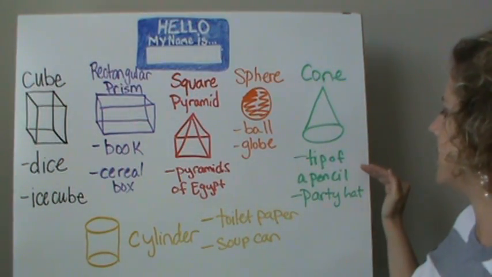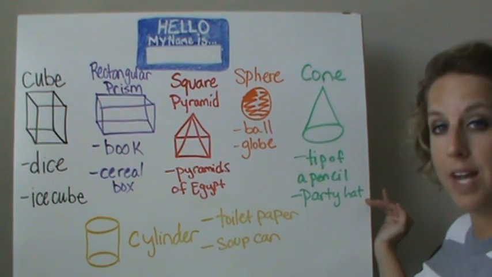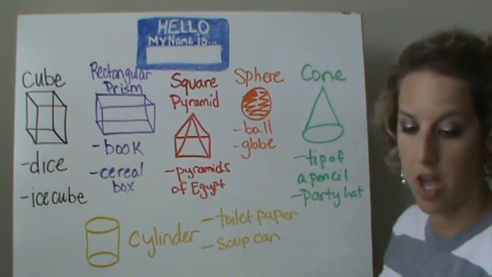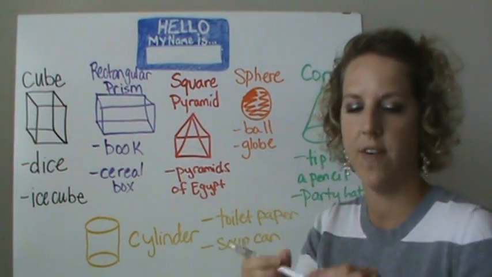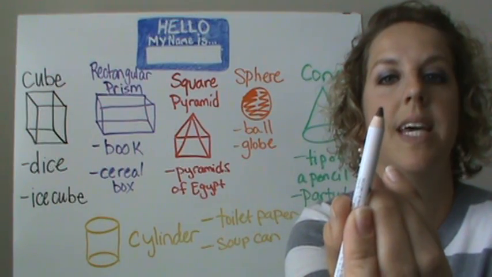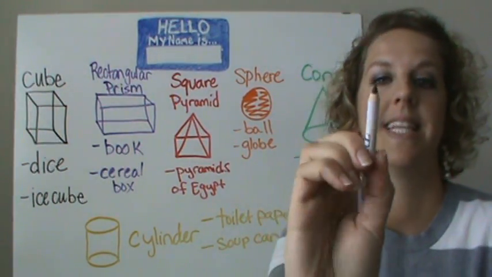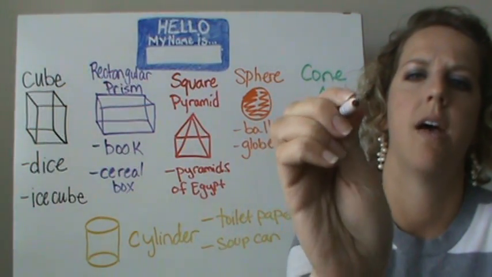A cone is the next one. For example, the tip of a pencil or a party hat is in the shape of a cone. I found the tip of my eyeliner pencil. I like it to be really sharp so I can put on my eyeliner, and that's in the perfect shape of a cone.